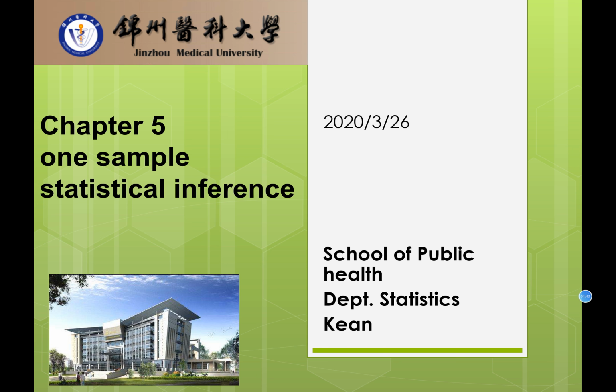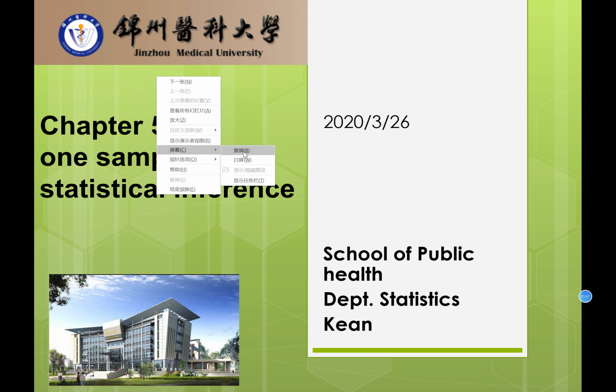Estimation is concerned with predicting the values of specific population parameters. So that means we can use some special statistics to estimate the value of parameters.